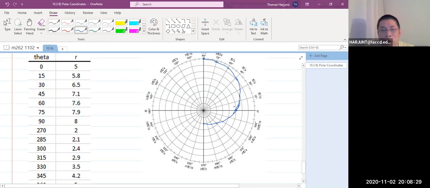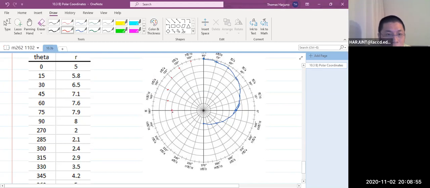Now copy paste that to the left. So you reflect whatever graph I have on the right hand side. So that's 7.9, 7.6 approximately here. 7.1 is approximately here. 6.5, 5.8, 5.